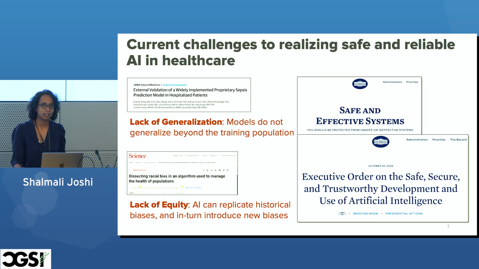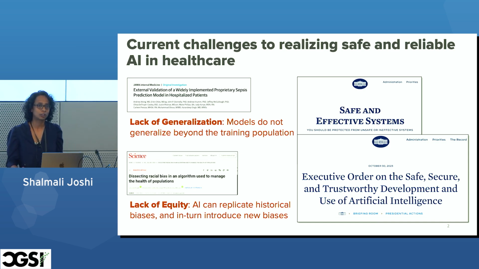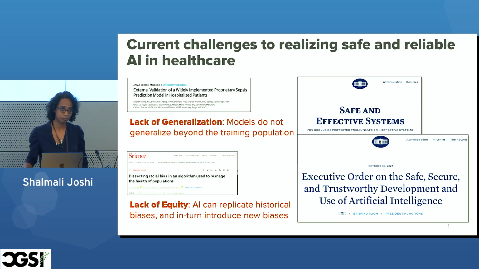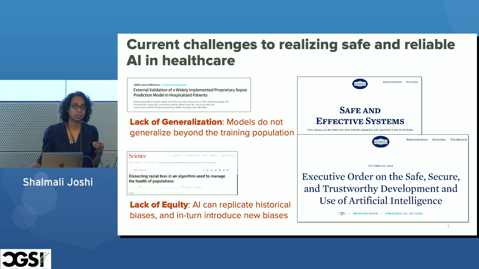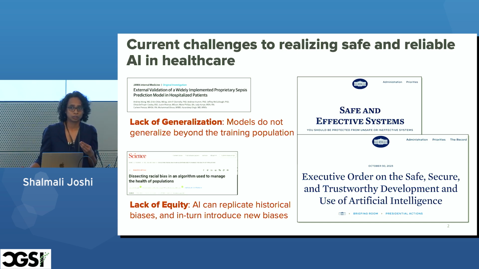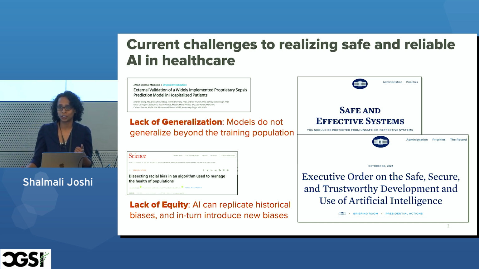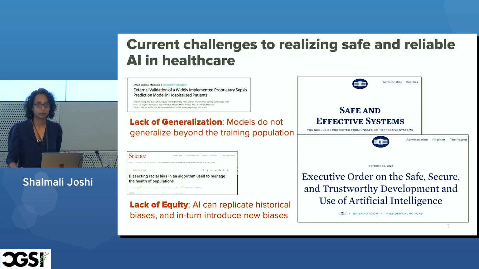The problem was that the model's performance was highly variable across all of those institutions once deployed, and especially worse in institutions where a larger proportion of patients with comorbidities, such as cancer, were being treated. Okay? So this kind of lack of generalizability is obviously a problem in building trust in these kinds of technologies. Obviously, they're not working for the patients we're designing them for.